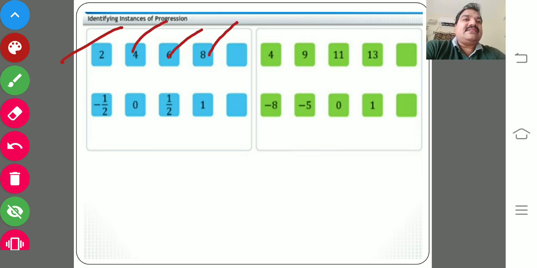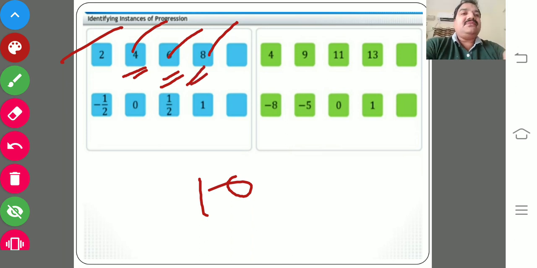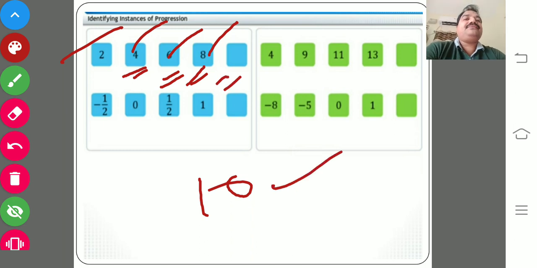You can easily say the next number is 10. How can you say 10? Because the first number is 2. 2 should be added to reach the next answer, 4. And again you add 2, then you will reach 6. And again you add 2, you will reach 8. And if you add 2 again, you will reach 10.